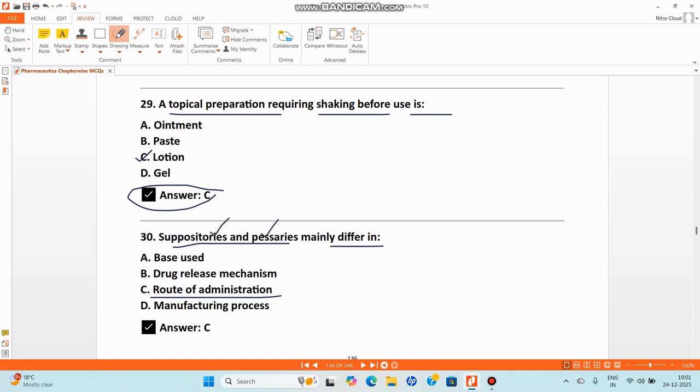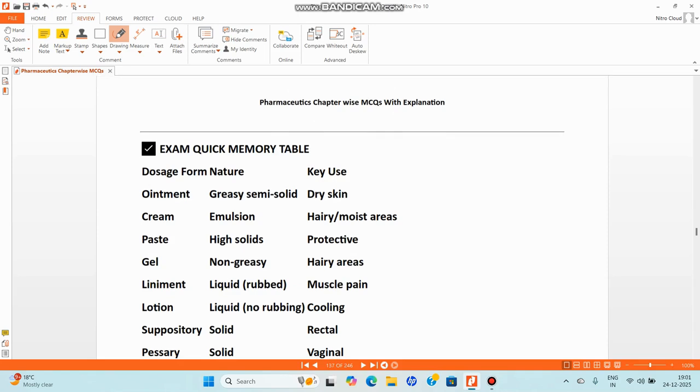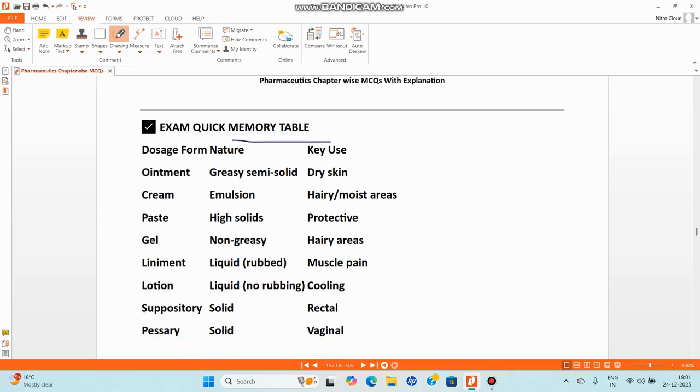So suppositories and pessaries. Okay, and here is the quick summary. Ointment is a greasy semi-solid, applied on dry skin. Cream is an emulsion, applied on hairy or moist areas. Paste contains high solids and is used as a protective. Gel is non-greasy and is used on hairy areas.